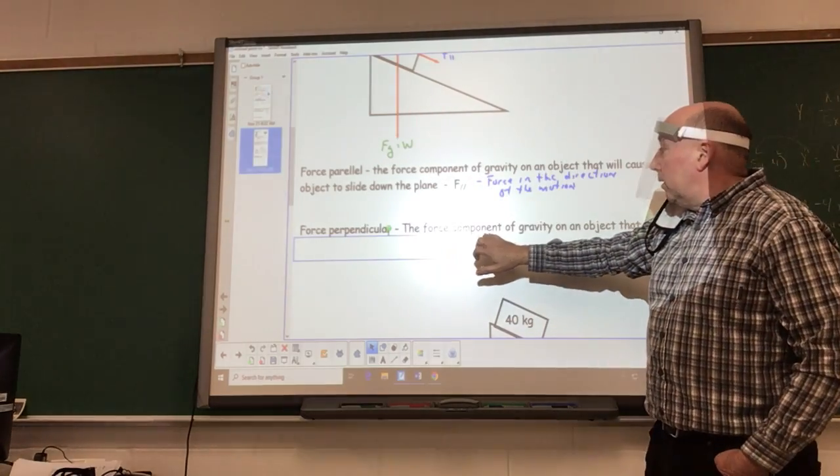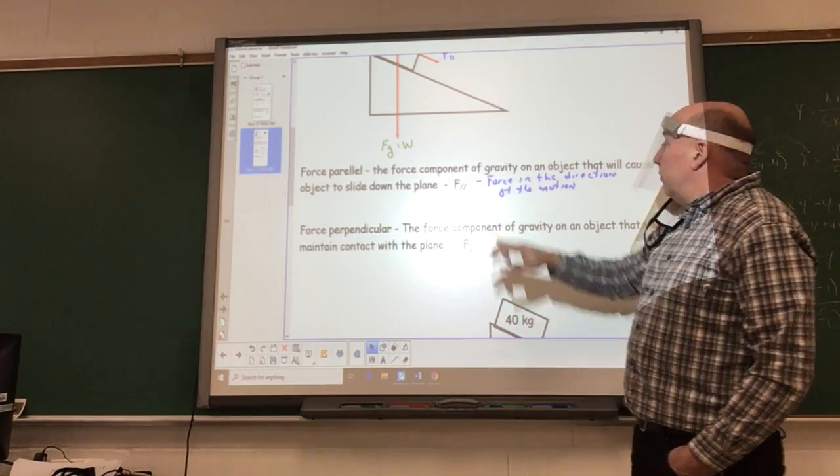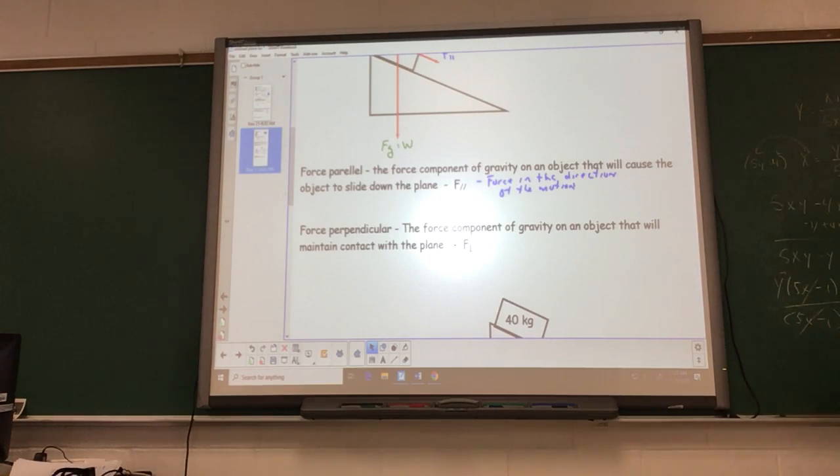The force perpendicular is the force component of gravity on an object that will maintain contact with the plane.